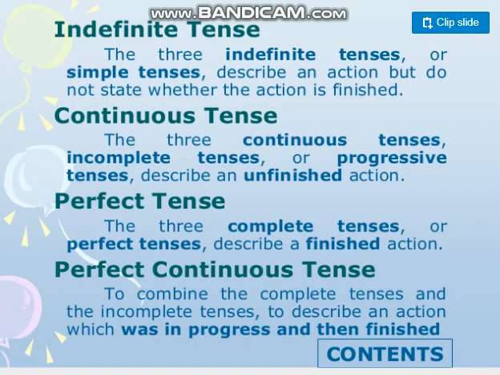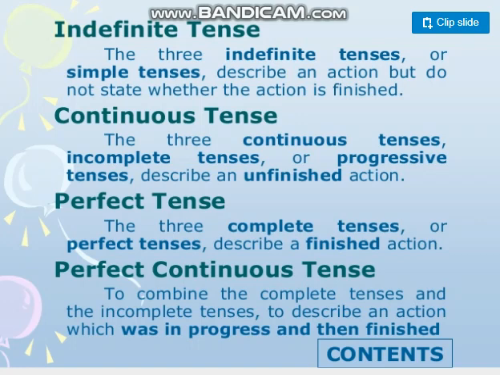So it's not that it is completed first and then in progress. No, the action is continuous in the past and then it is completed. So in perfect continuous tense, such sentences are discussed which show an action that was in progress and has now finished.